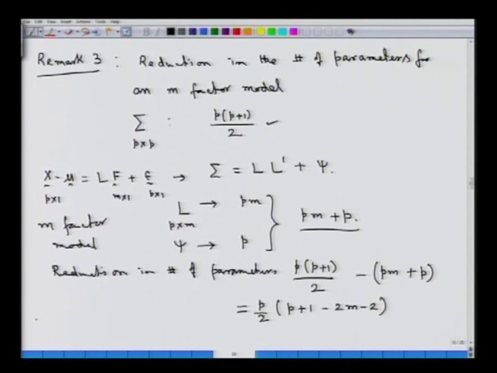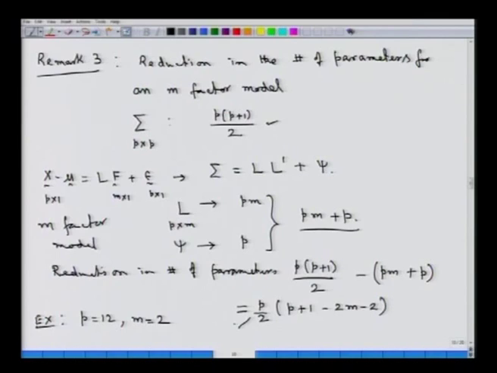Take a particular example. This is the reduction in the number of parameters when we are able to express a p-variate random vector by an m-dimensional model. So in the example, if I take p equal to 12 and m equal to 2, we have 12 original variables to start with, and suppose we have been able to express those 12 variables in terms of two common factors.